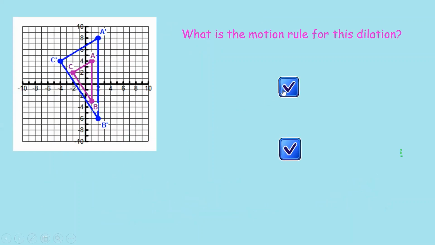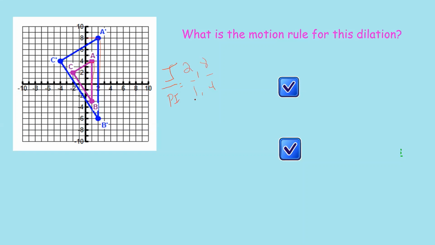So what is the motion rule for this dilation? The way you find the motion rule for dilations is image over pre-image. I'm going to pick a point. I'm going to stick with the positive. So if I get 1 and 4 for A, I'm going to put it on the bottom: 1, 4. I'm going to get the image, which is 2 and 8.